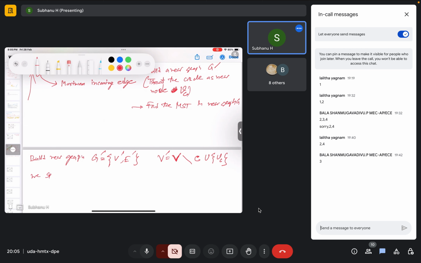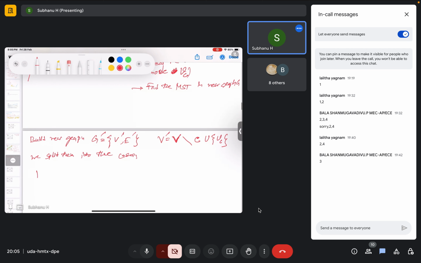We can split them into 3 cases. So the cases are for edge SD in E, if S does not belong to the circle node and D belongs to the circle node, then add an edge E dash, VC to E dash, with weight.